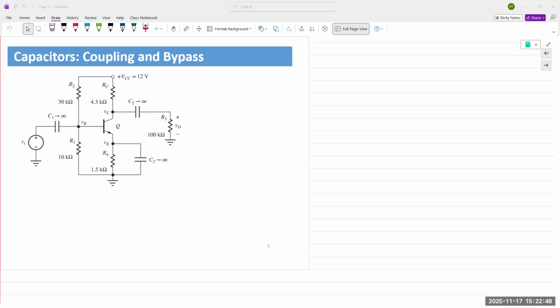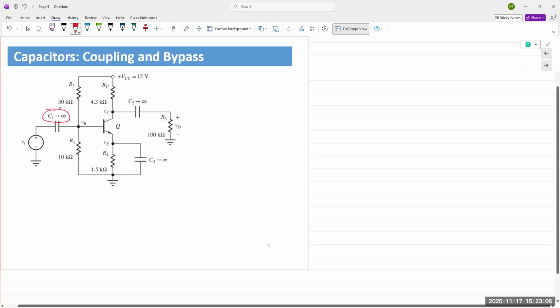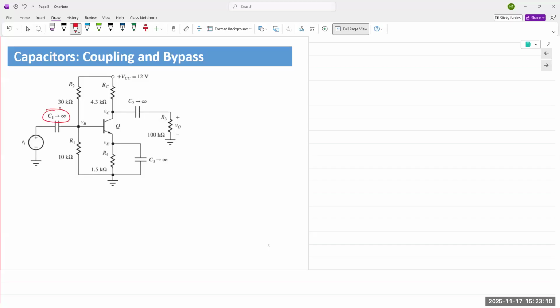Depending on the purpose, we call them either bypass capacitors or we call them coupling capacitors. Sometimes both functions could be performed by the same capacitor. So if you have a capacitor on the input side, what is the property of a capacitor when it comes to DC?